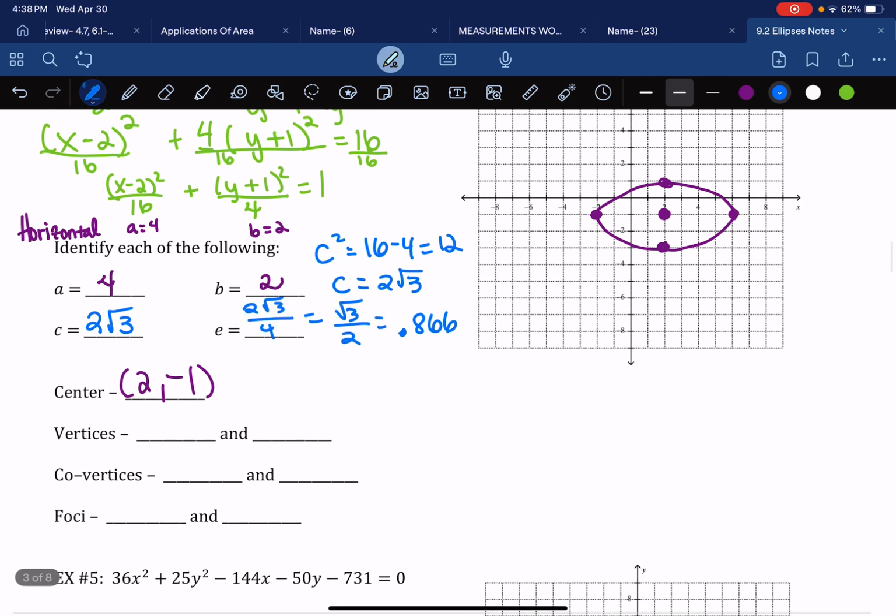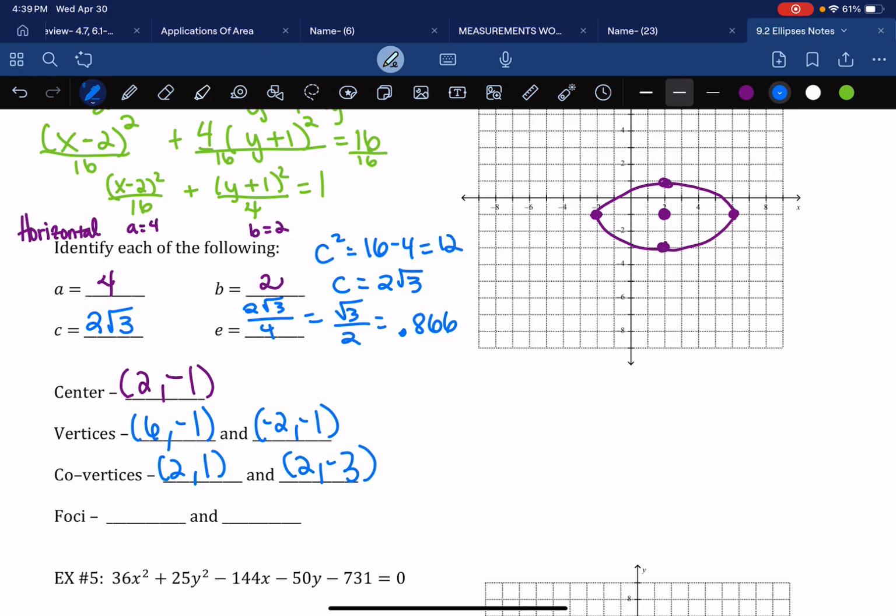All right, we already put down our vertices, so let's put those down on here. So (6, -1) and (-2, -1). Co-vertices, we've got (2, 1) and (2, -3). All right, those foci.